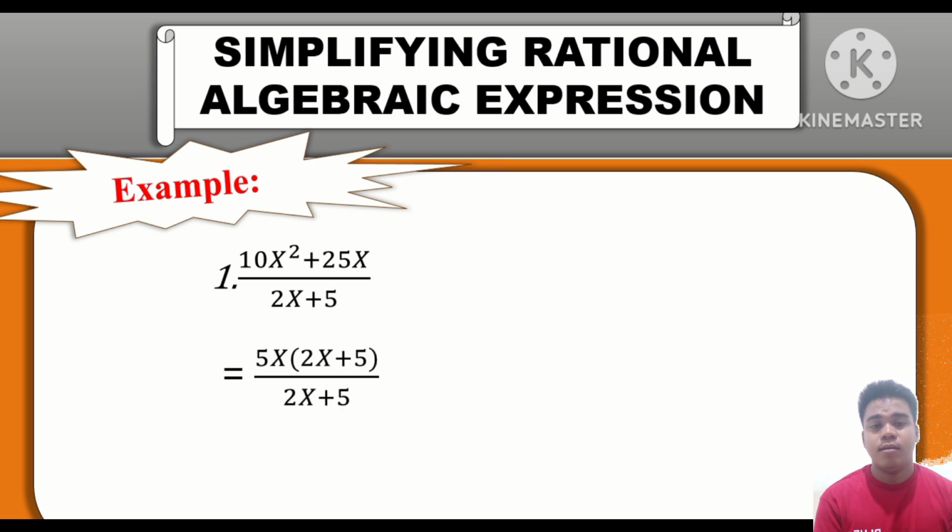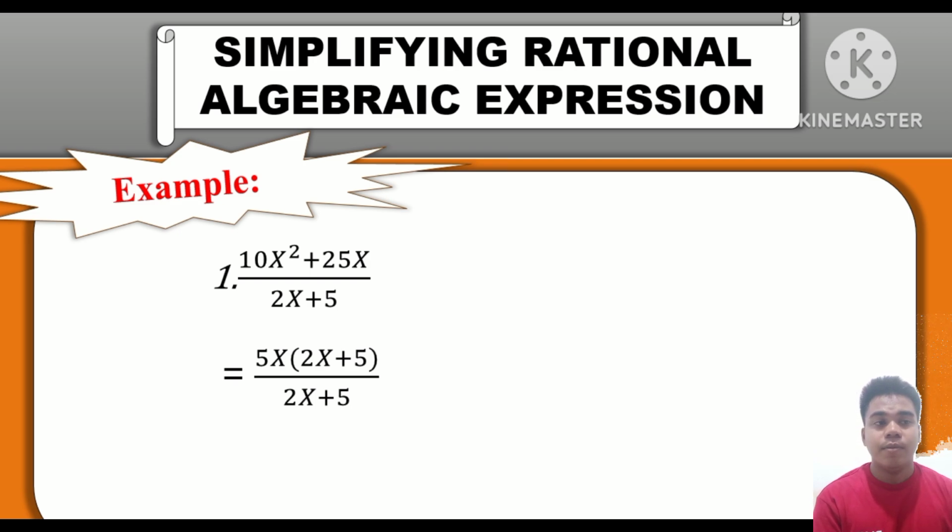So 10x squared divided by 5x is equal to 2x. 25x divided by 5x will become 5. Then copy the denominator, which is 2x plus 5.